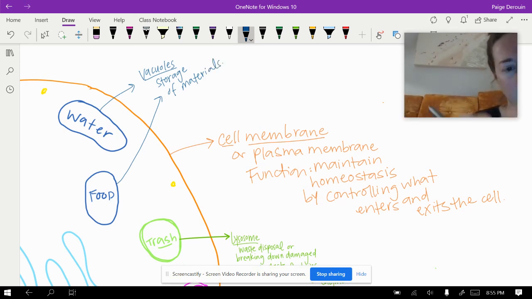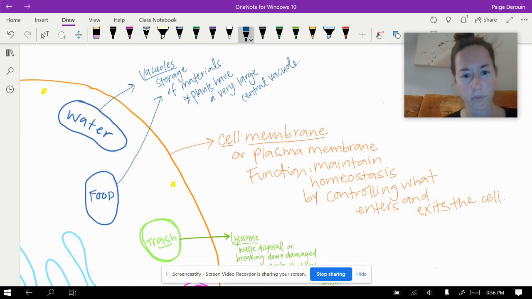Plants have a very large central vacuole, which I'll draw in a second. But basically, vacuoles are just responsible for storing things that will be used later.